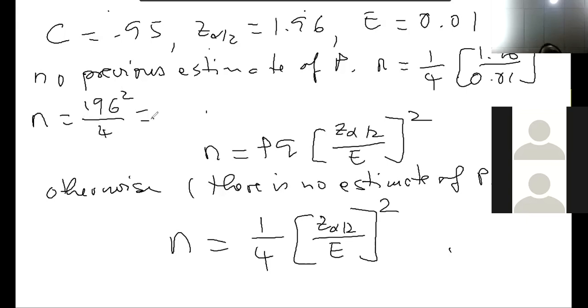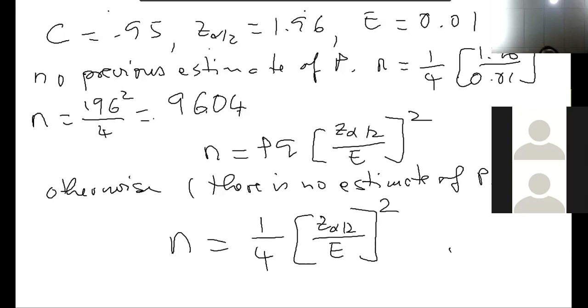Yes, 9,604. This is the minimum number of corn he should purchase if he wants to be right by not more than 0.01.